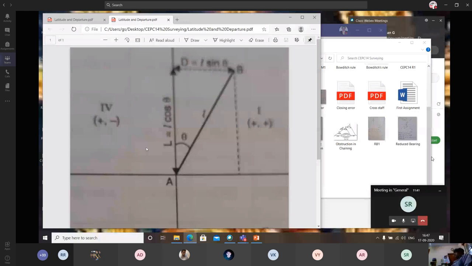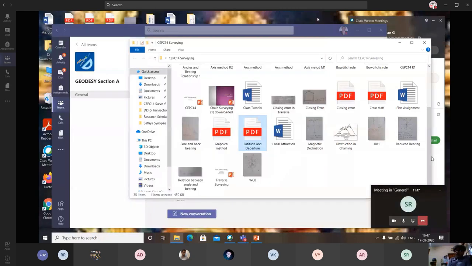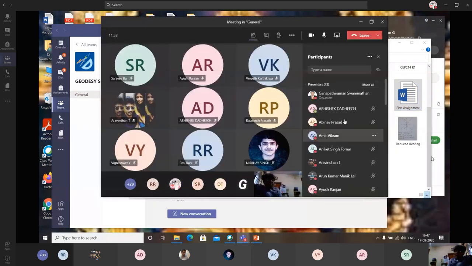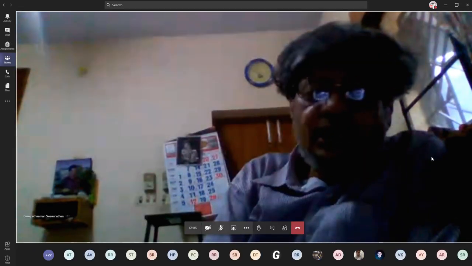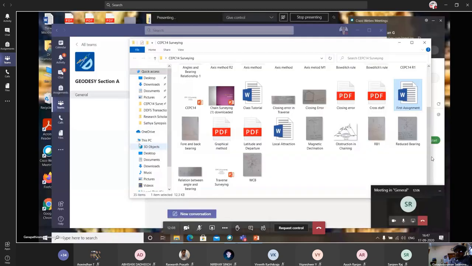Now we go by a rider that in a closed traverse, the algebraic sum of latitude and departure is equal to 0. Do you get the point?